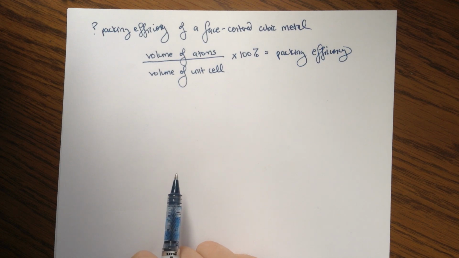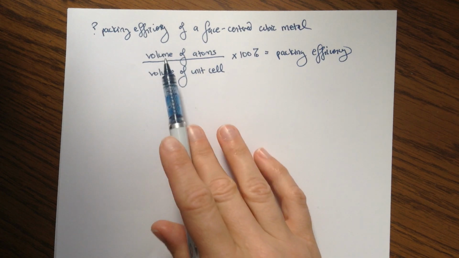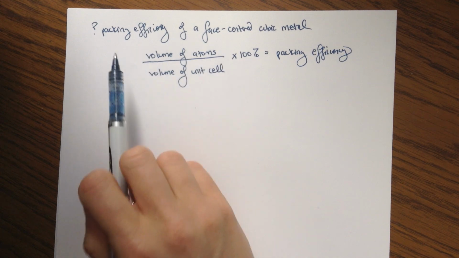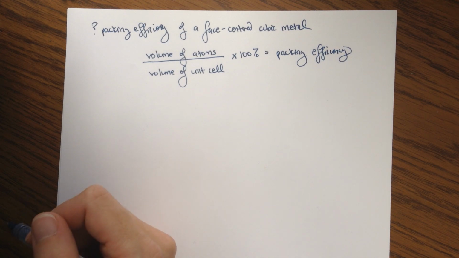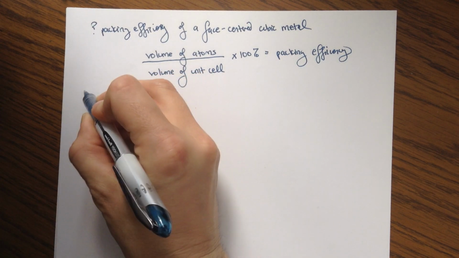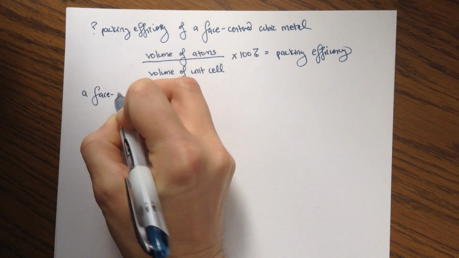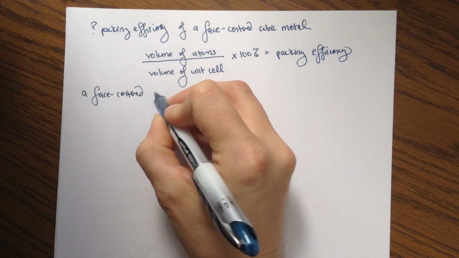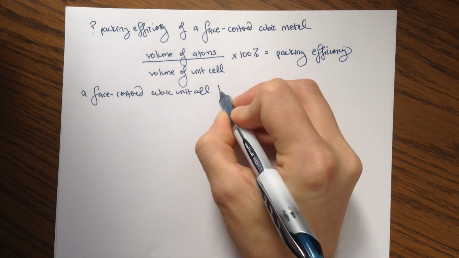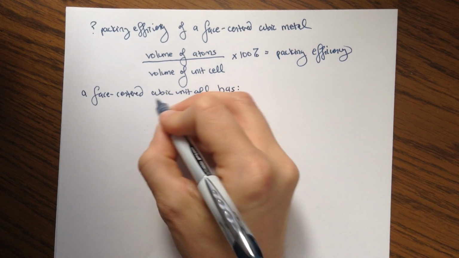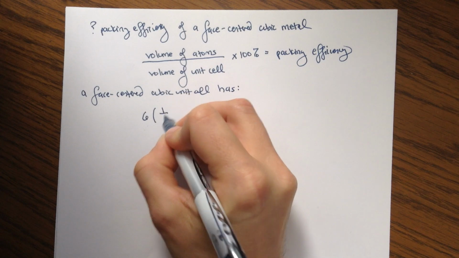We'll do the numerator first. In order to come up with the volume of the atoms, we need to know how many atoms we're talking about. A face-centered cubic unit cell has 6 half atoms.